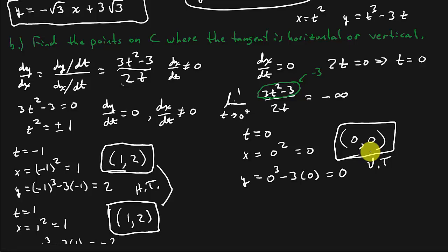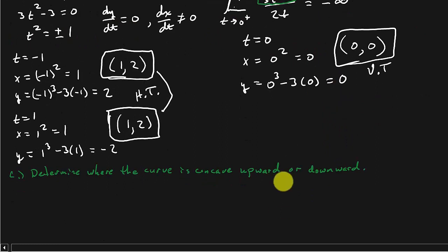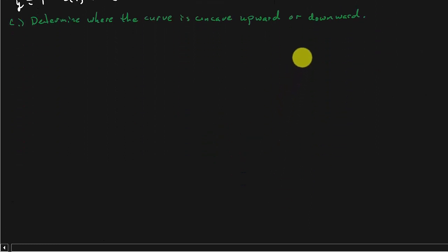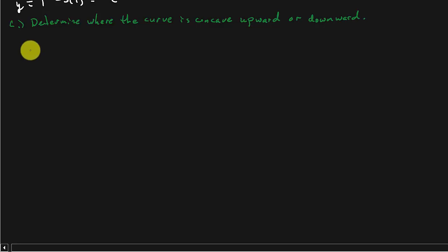All right, now let's go to part C. It says determine where the curve is concave upward or downward. So what does that entail? Concave up, concave down. That deals with what? The second derivative, right? So let's go ahead and write our dy/dx.